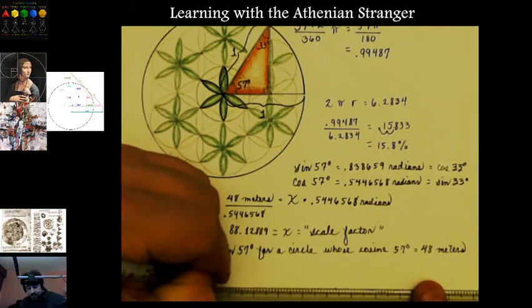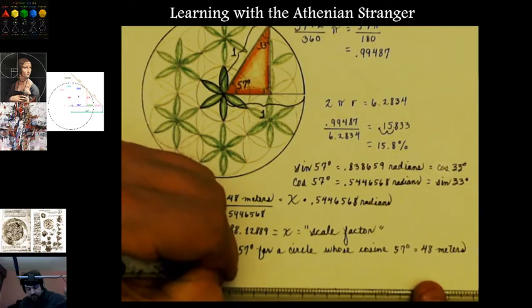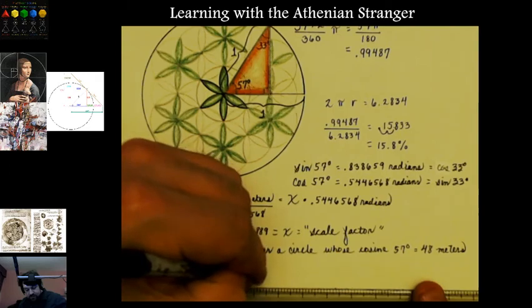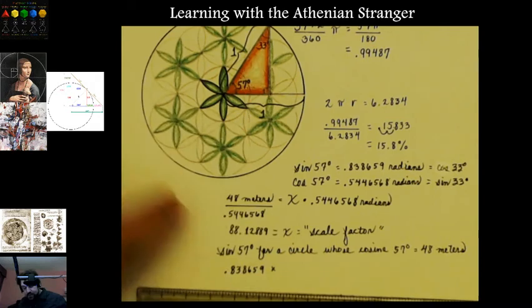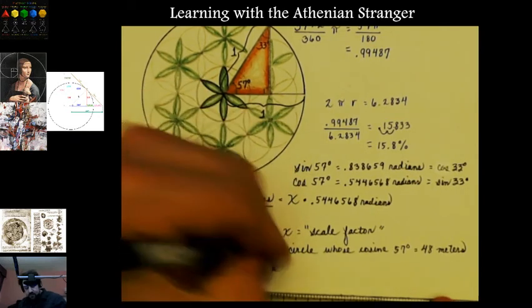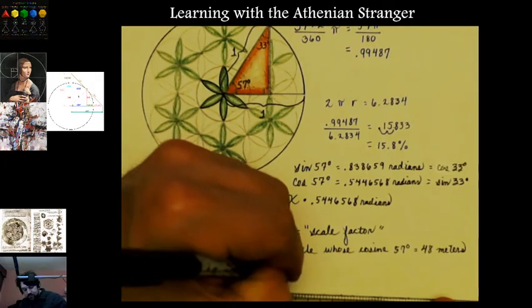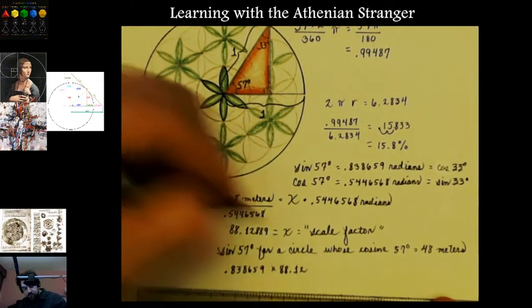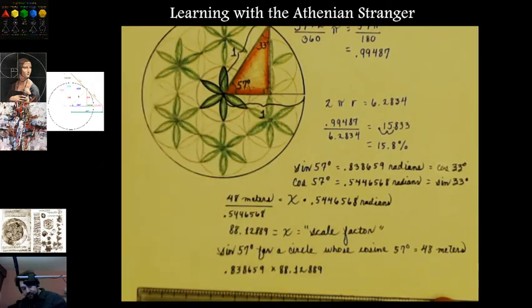So I take 0.838659, and I multiply by my scale factor of 88.12889.